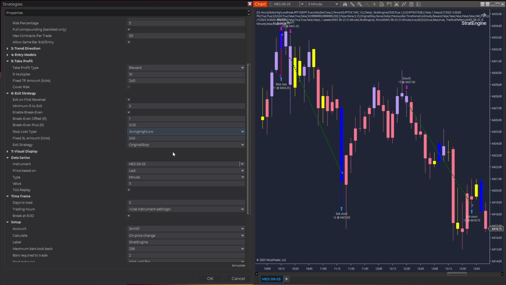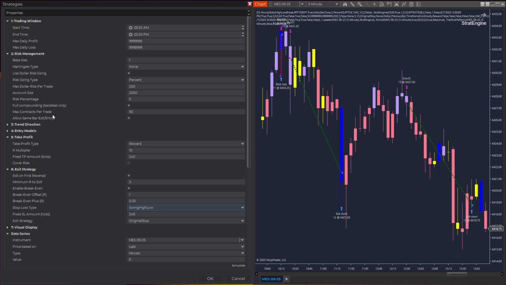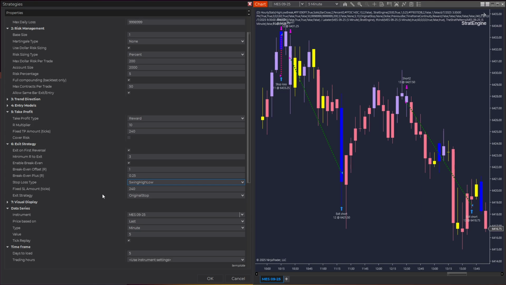This is going to be a calculation using the broadening formation swing, so the highest high within a certain number of bars, but I'll go into more of that when I do the Strat Engine specific video. Exit strategy, visual display, covered that.